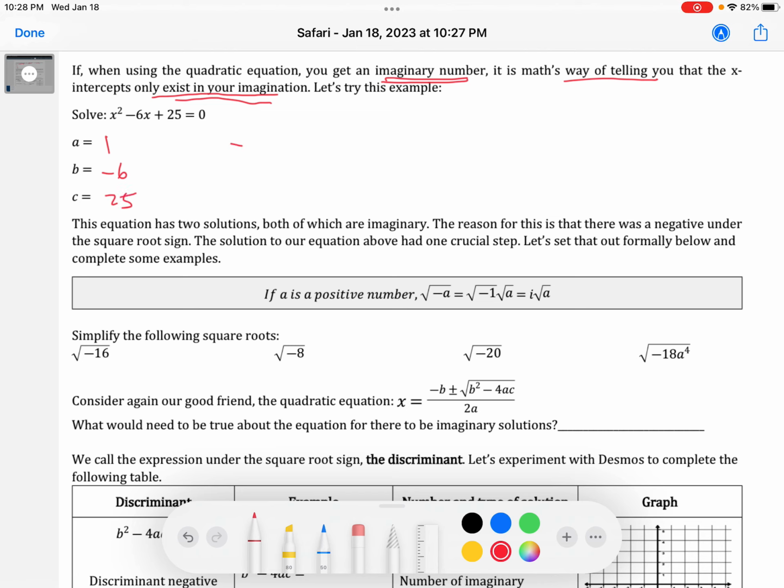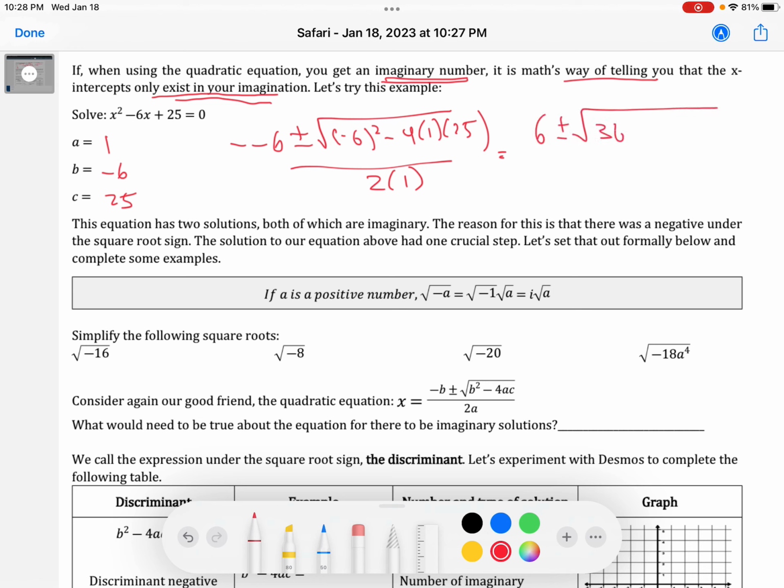Quadratic equation is negative b, so negative 6, because b is -6, plus or minus the square root of b squared minus 4ac all over 2a. And so -6 is +6 plus or minus 36.